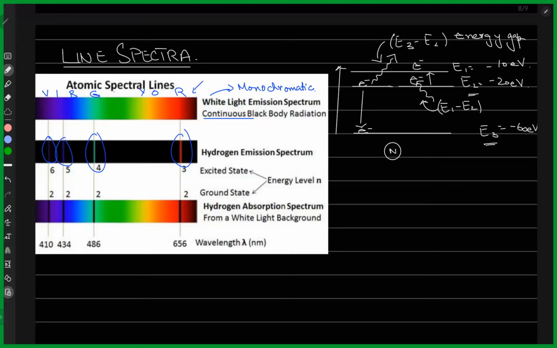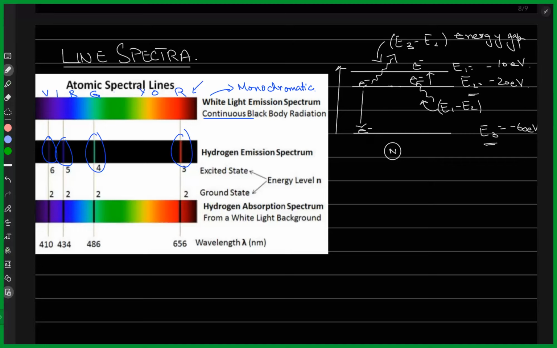So this first electron drops to E3 by emitting a photon that carries an energy of the difference between the two energy levels where the drop is happening, right? So it drops from one energy level to another energy level. The difference between those two energies, the photon must carry that amount of energy, which is released, so it falls to a lower state.